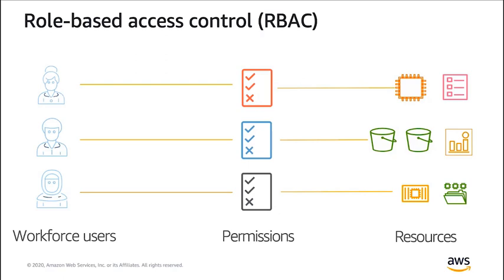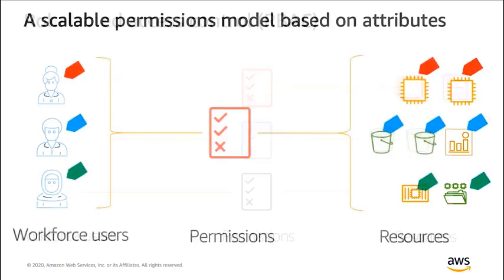Okay, so this is where attribute-based access control comes to the rescue? As always, the answer is it depends, but for many use cases, attribute-based access control can simplify the permission model and make it much easier to scale.